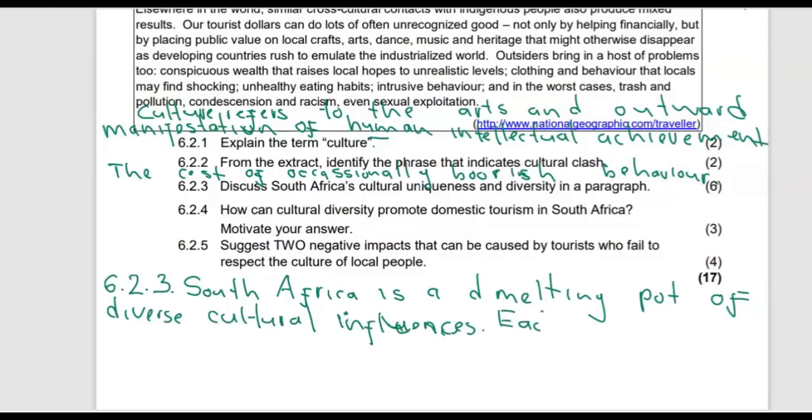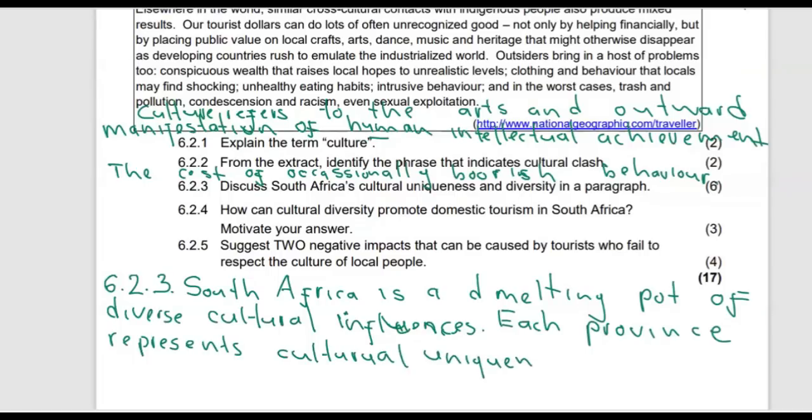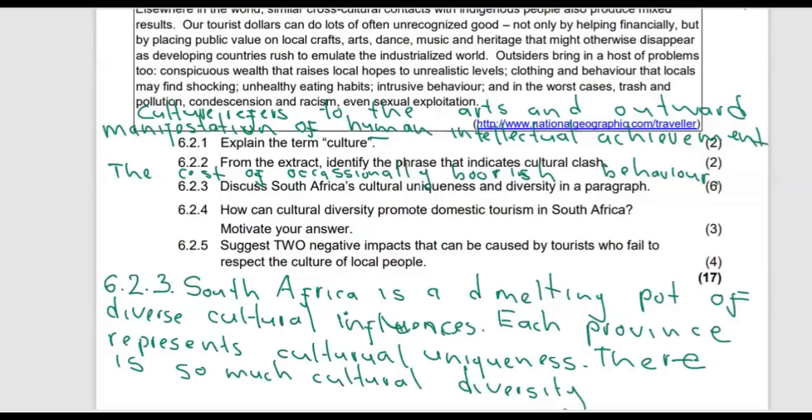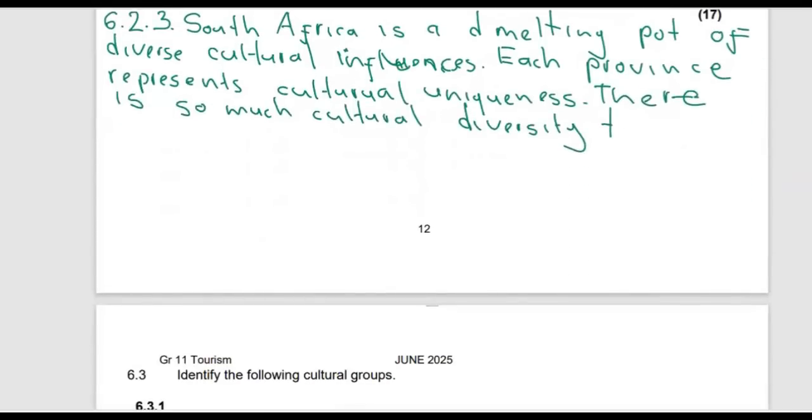Each province. Well, there is so much cultural diversity to enjoy in South Africa.